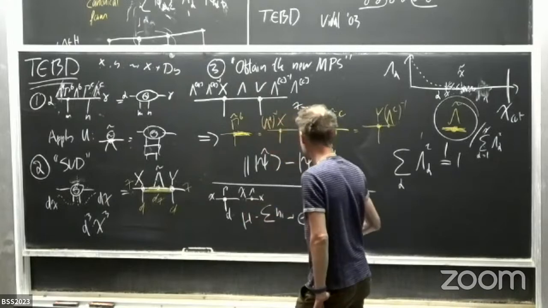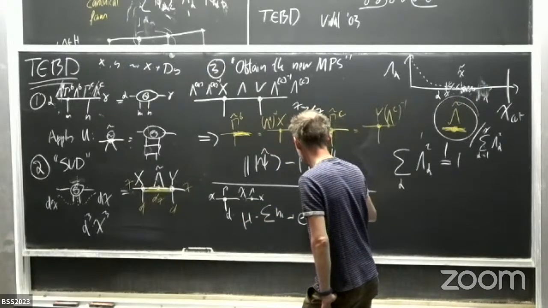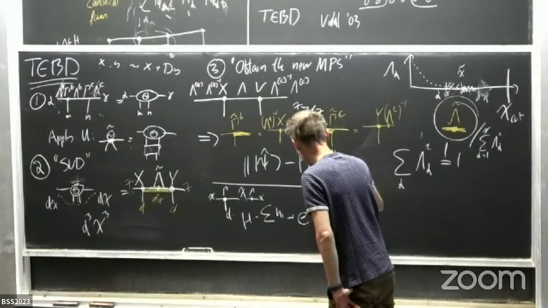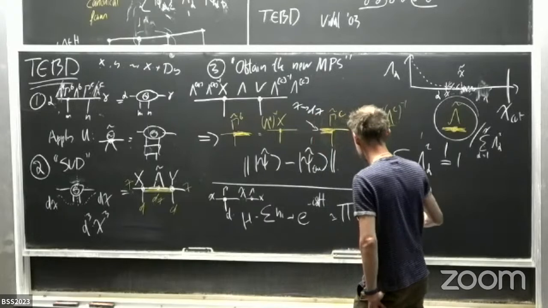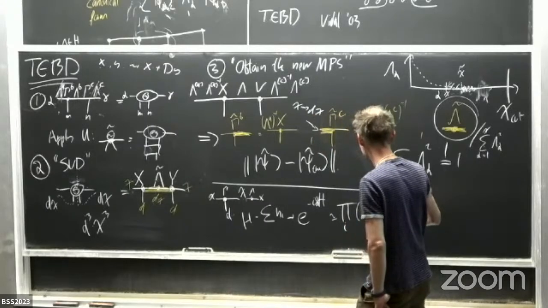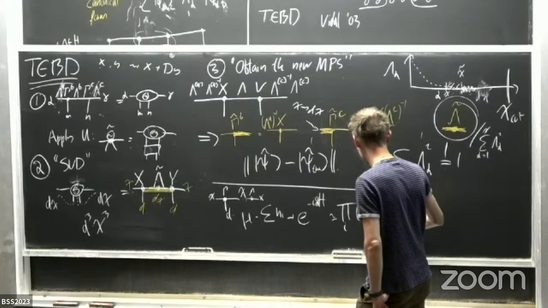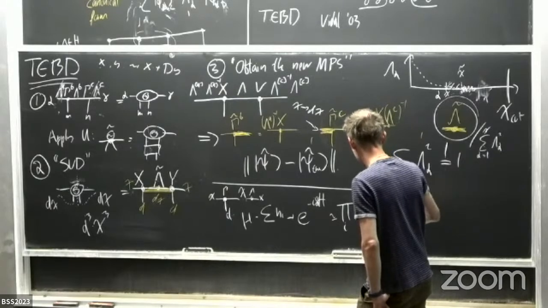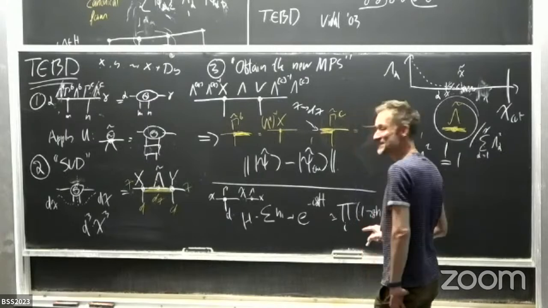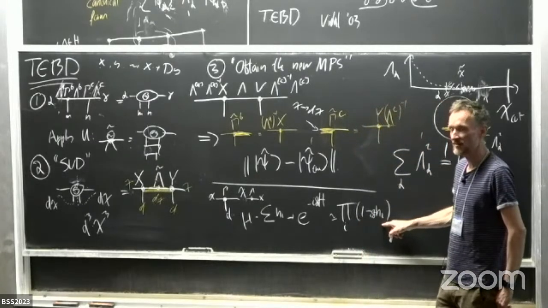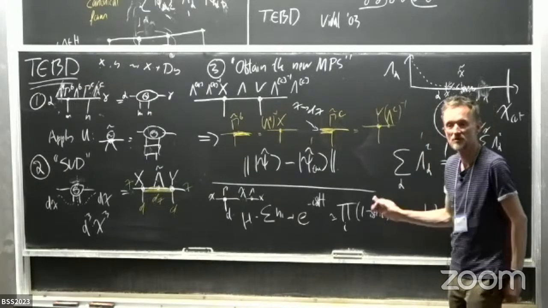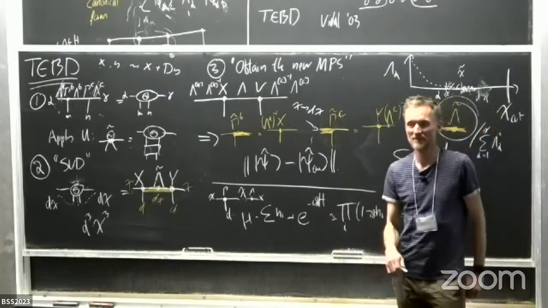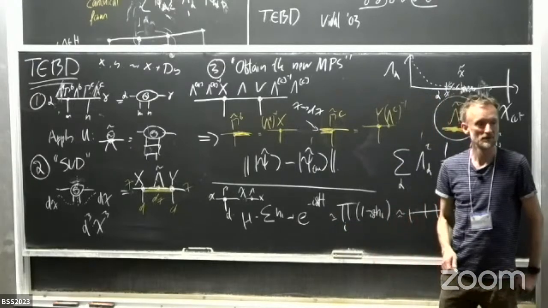Then you can take your e to the minus i H times some delta t and basically write it as a product over all sites i of one minus i delta t h_i. You can do this kind of local Euler step, and you can actually show that you can approximate this in terms of an MPO. But that's another method which is a bit more involved to apply.